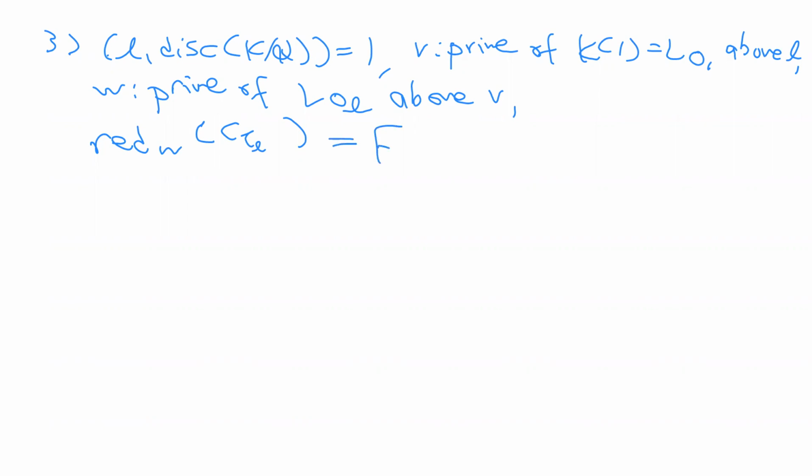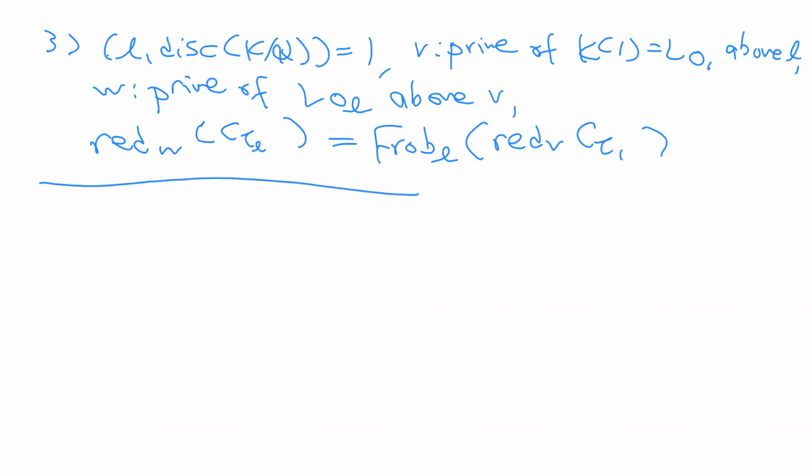That is equal to the Frobenius at L of the reduction modulo v of c_1, the Heegner point of conductor 1. I don't know who proved it, but the first paper I saw it in is Kolyvagin's paper.